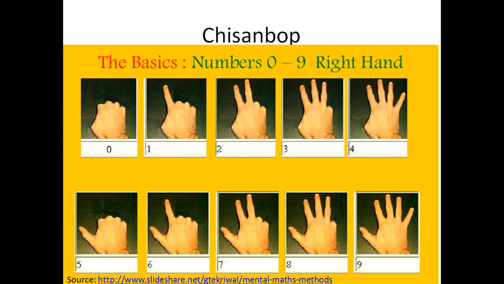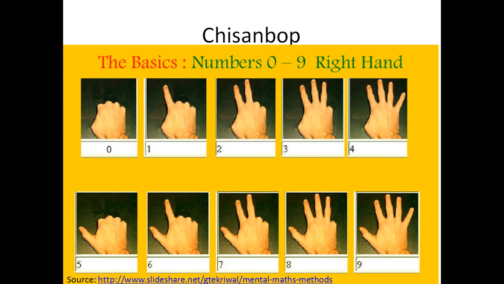So this particular diagram displays how you use your right hand to denote 0 to 9. And obviously I'm sure you would have figured out that the left hand would carry the tens. So basically this system can help you do calculations up to 2 digits, so units and tens. So you can put your two hands on your table and try to practice this.